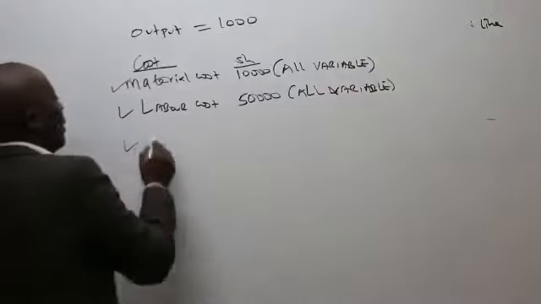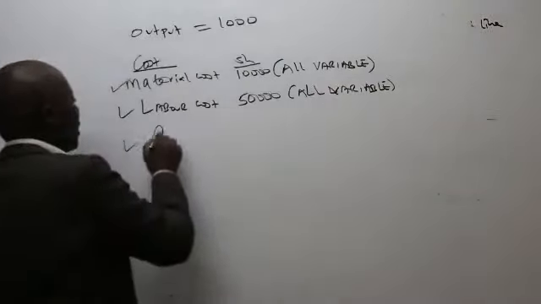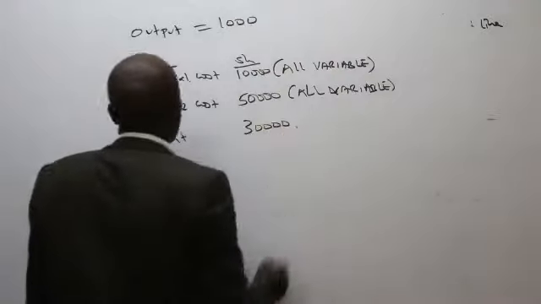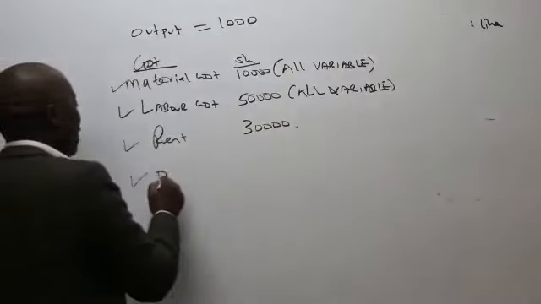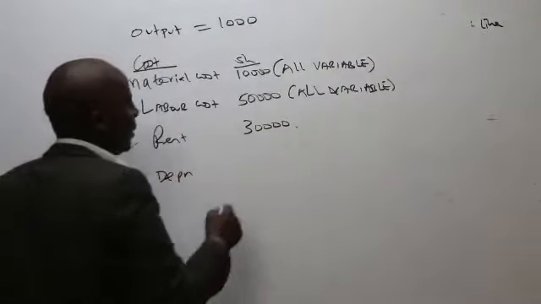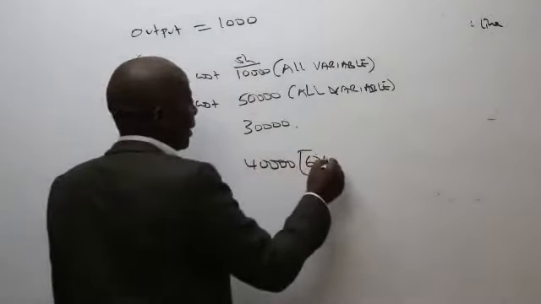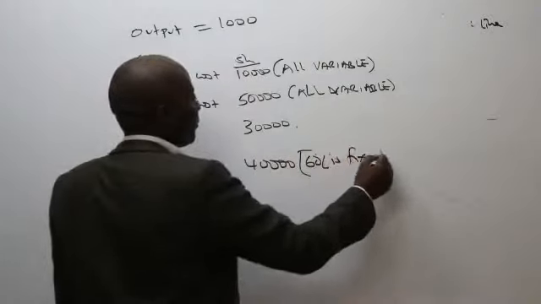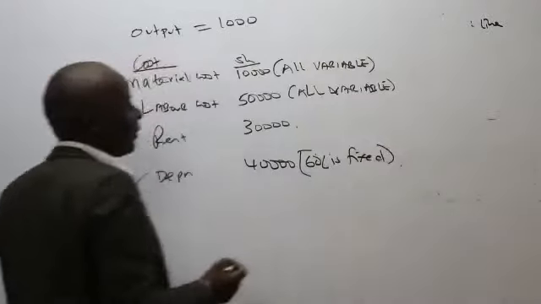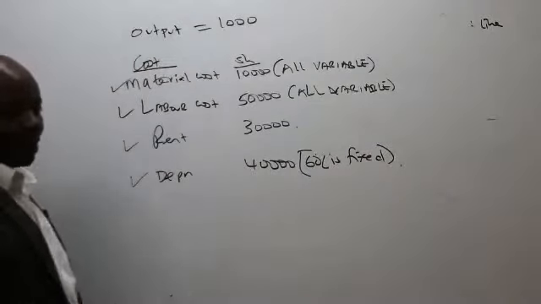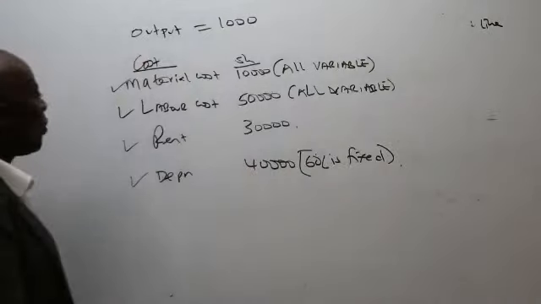And then, ladies and gentlemen, we have rent, 30,000. And then we have depreciation, 40,000. And then we are told here 60% is fixed.